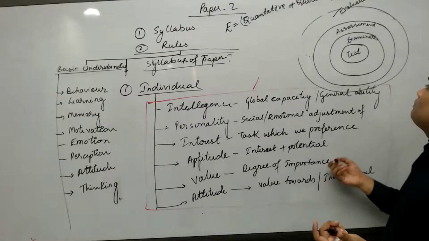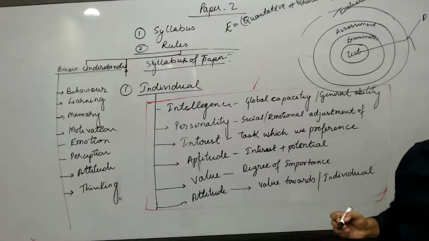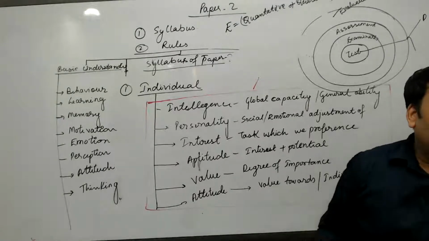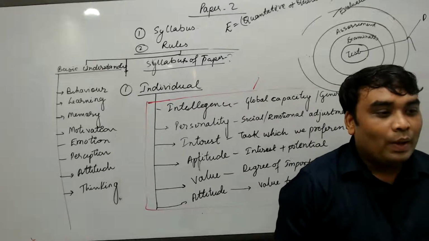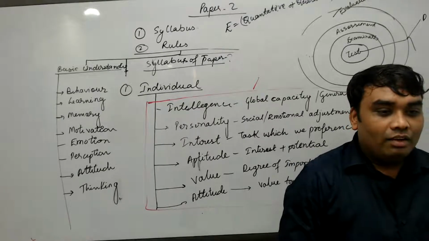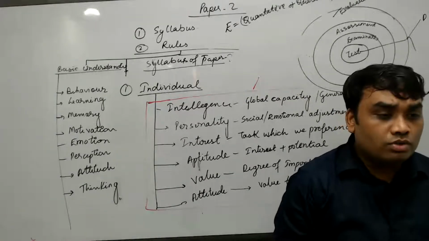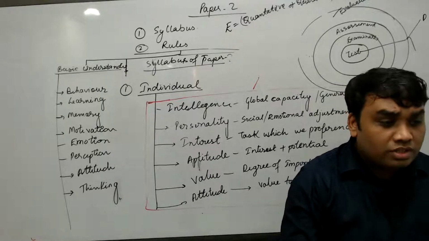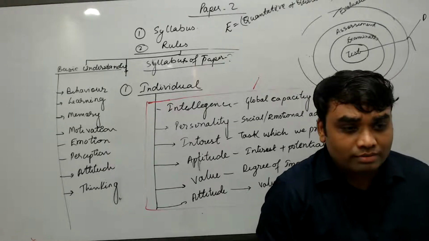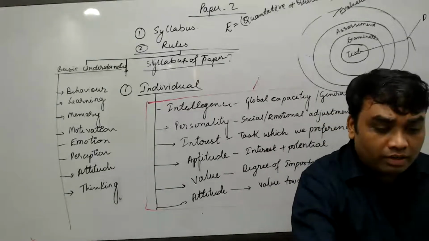So there are different types of tests. Diagnostic test. Why are we doing a diagnostic test? Because we want to first identify the problems, then we will provide diagnosis. Diagnostic tests are done by psychologists also. When you go to doctors, the doctor will do what?